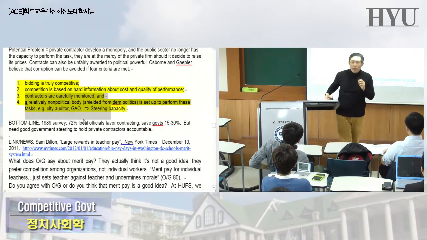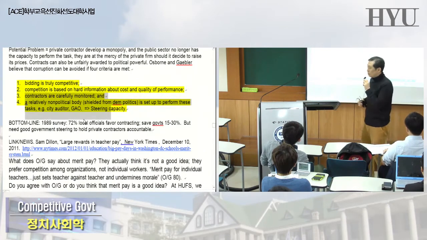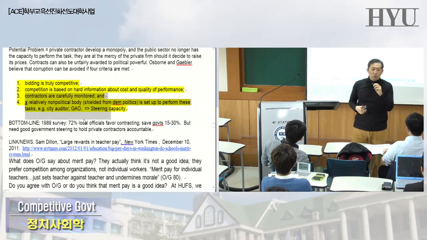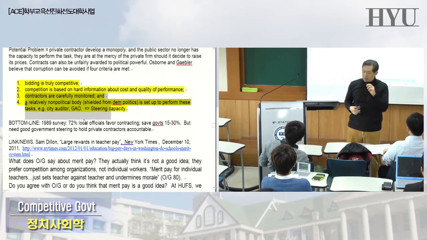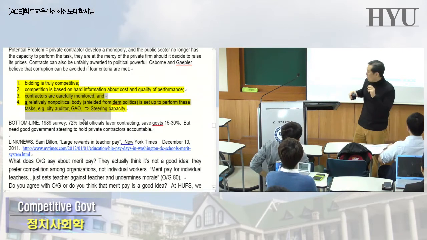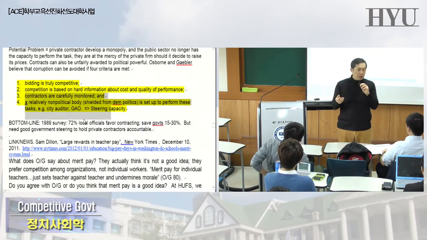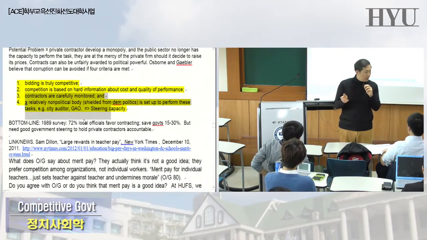You need things like, especially like number 4, a non-political body to measure the competitors, to rate the competitors. Okay? Because right now, we don't have any way to determine whether these stories are true or false. Okay? So you have a lot of choices, but they're not really competing with each other.